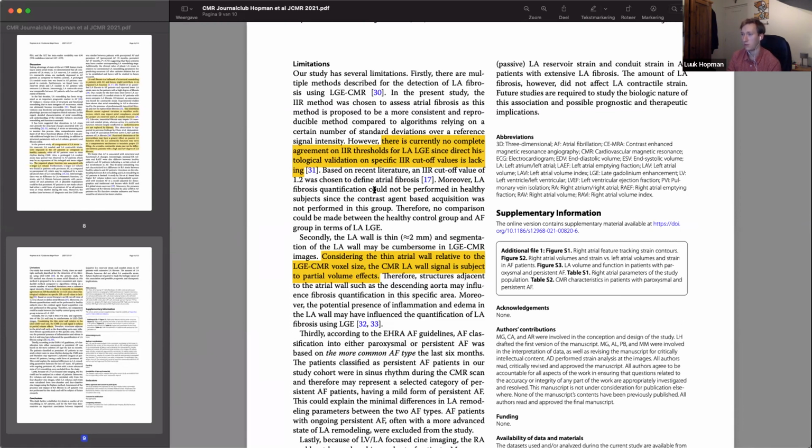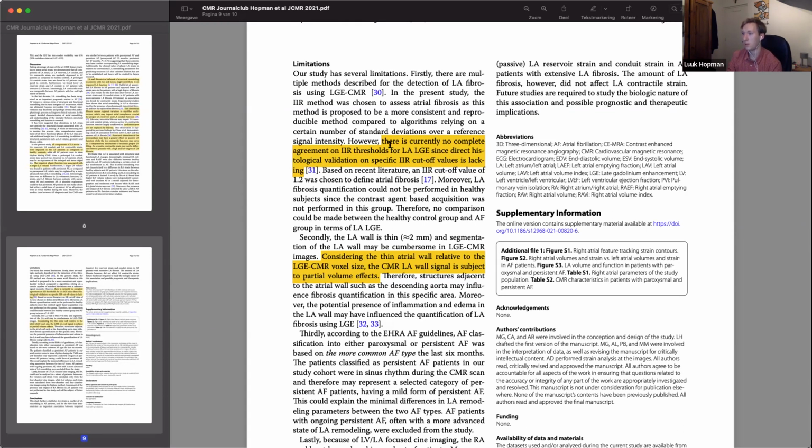So you also have the strategy that you pick 3 standard deviations above the blood pool value, and that gives other results than this IIR threshold.